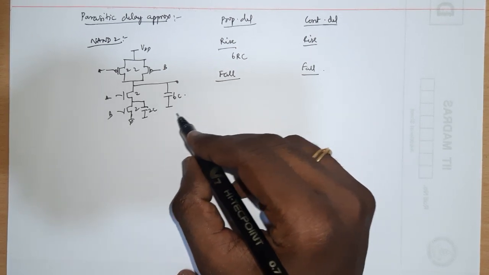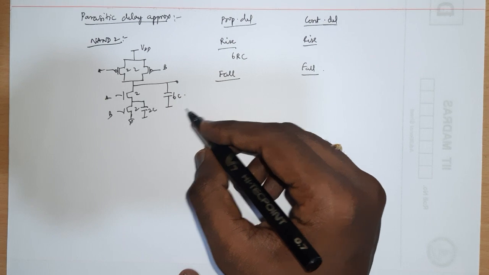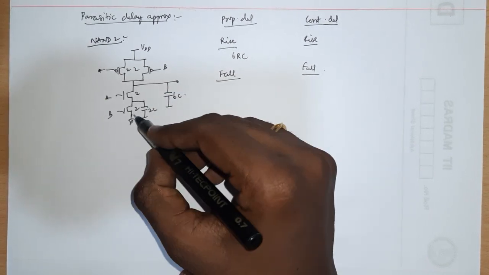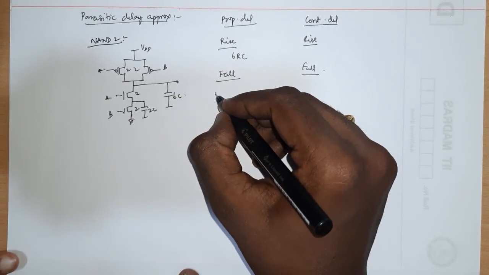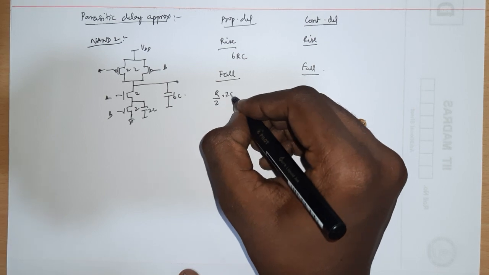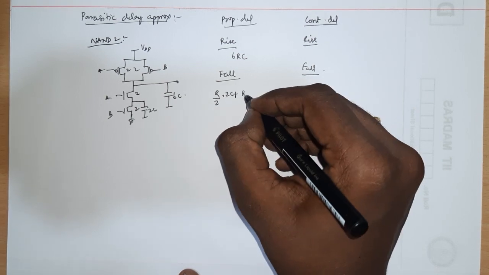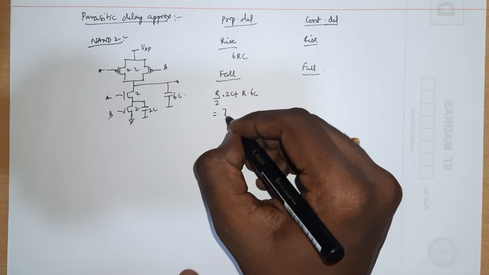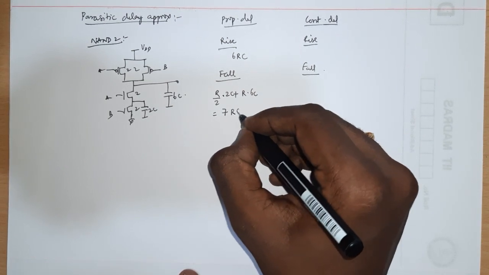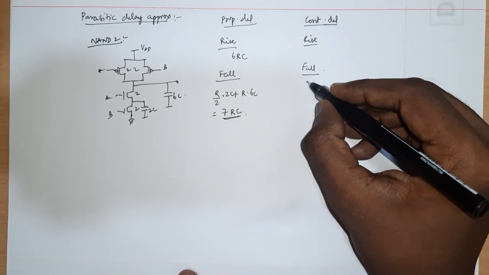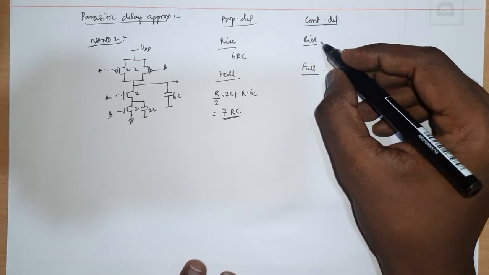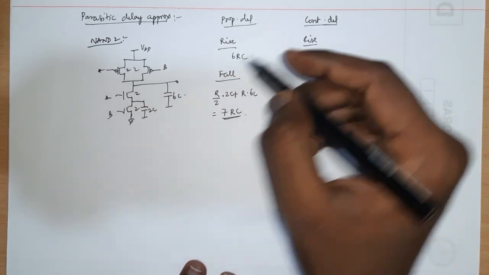The fall propagation delay is coming from this path, so it will be like R by 2 into 2C plus R into 6C, which is 7RC, okay. And the contamination delay, as far as it is concerned, this is R by 2 times 6C, so 3RC, okay.